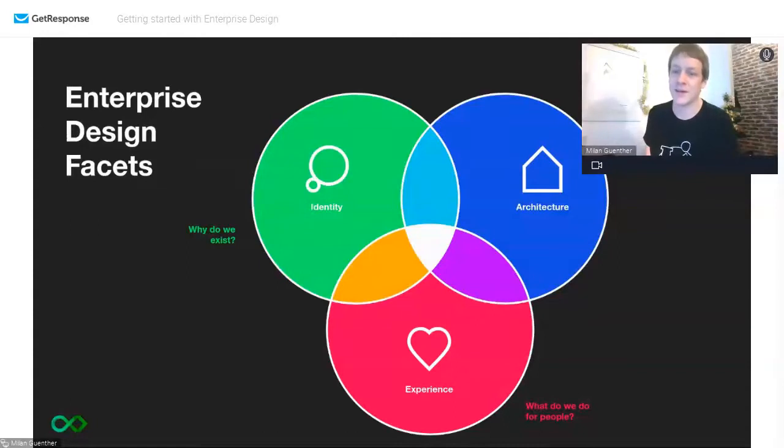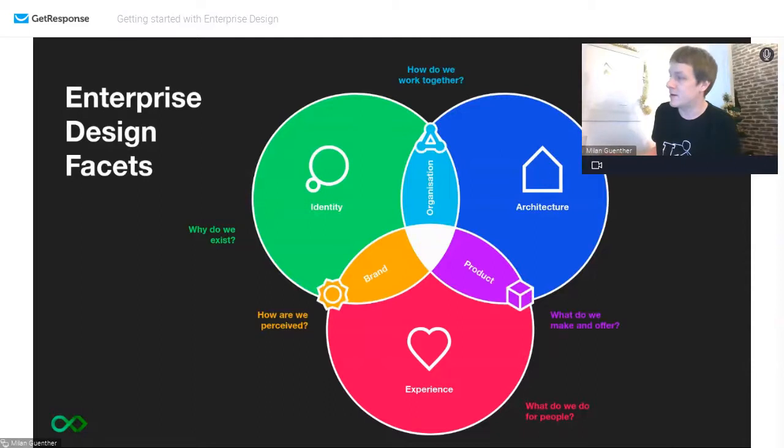How does it fit together? How do we operate? What kind of assets do we use? What can we do? What are our capabilities? And in red, we have the experience, which is, what do we do for people? How do we appear in people's lives? And what value do we offer for them?